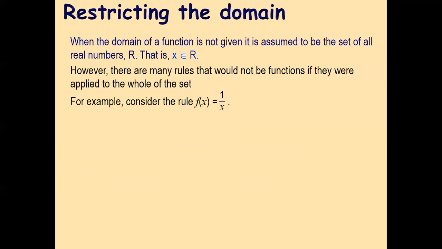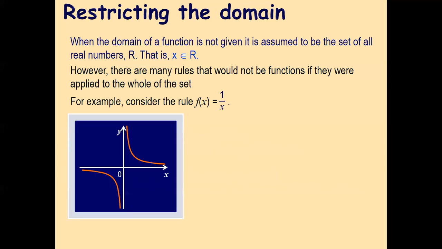Consider this function, 1 divided by x. If you've got a function like this, you can see straight away, if you were to type it into Desmos, www.desmos.com, if you type 1 over x, it'll show you the function. If I was to use any value for x, you can see that it's got a corresponding value on y.